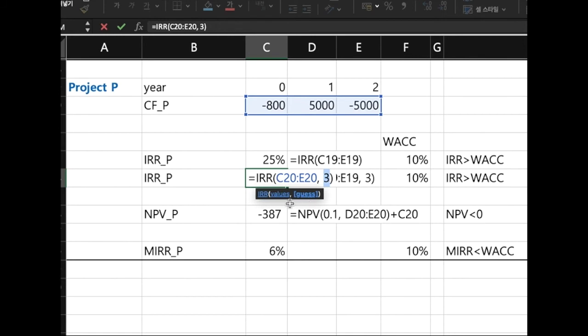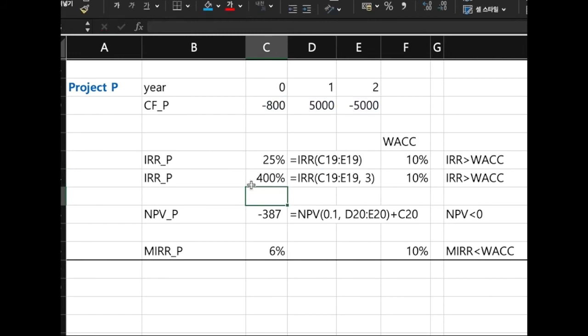In the IRR function, input the cash flows, and we can give a guess. I input 3, which means 300%. So the IRR function shows the closest number. So we get the second solution, that is 400%. But as I mentioned before, we don't know which one is meaningful.